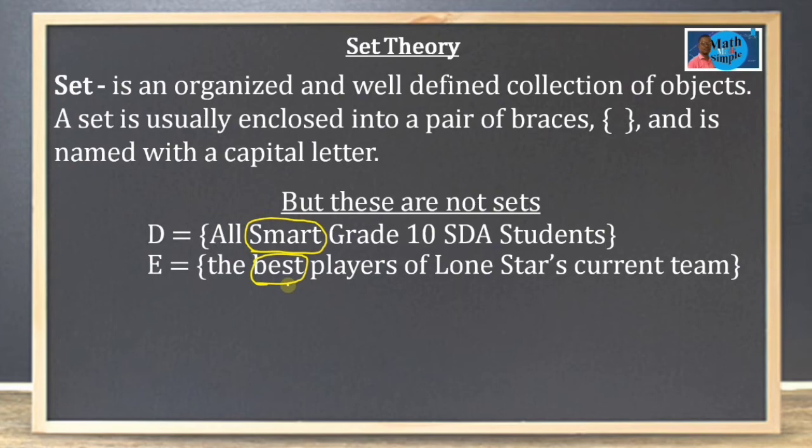That is well defined, because those first 5 players can be identified by anyone. You can take someone from Japan or China, bring them, and they can identify that yes, these are the players. Once they are identifiable, it is well defined. So that sets a criterion for best, and that would be a set.